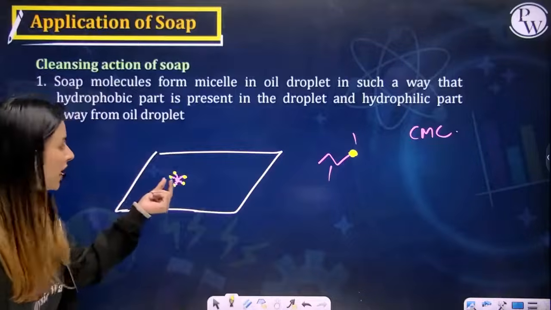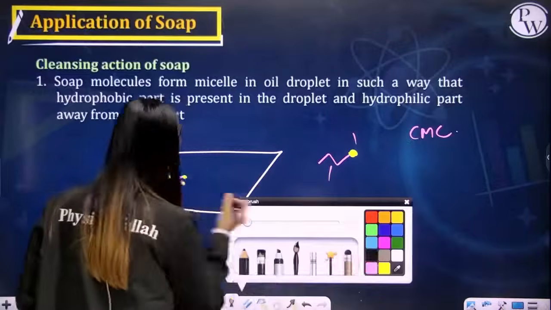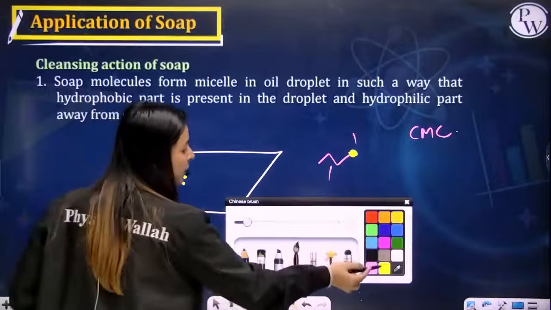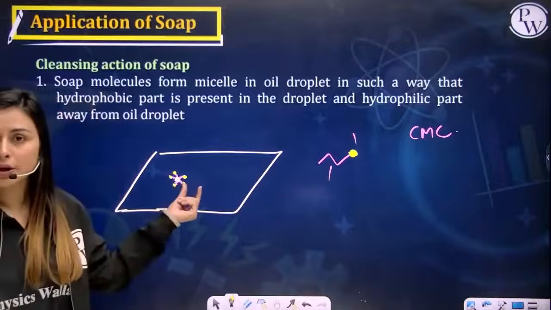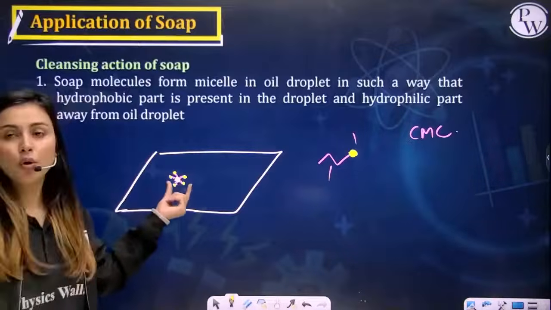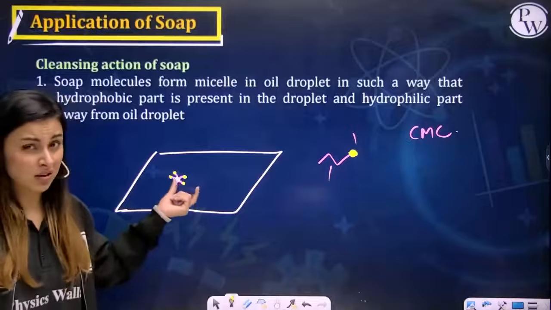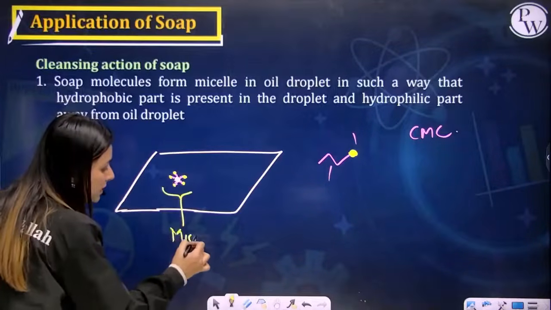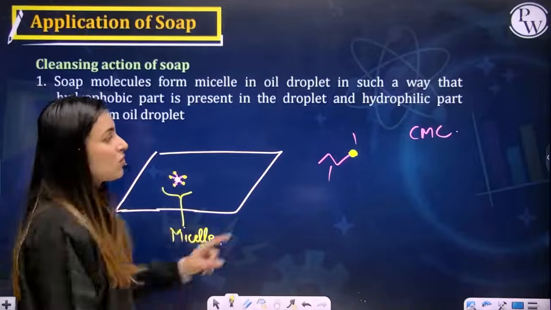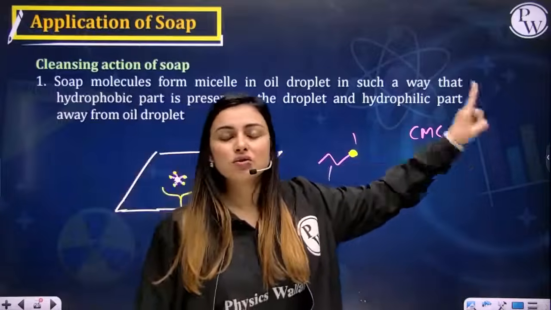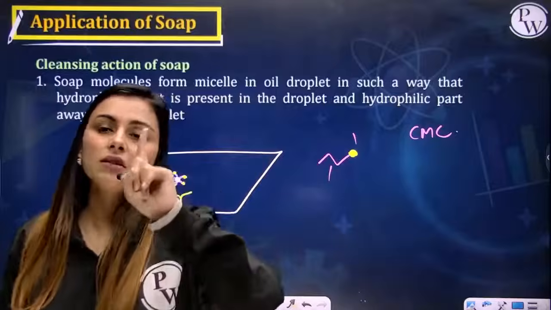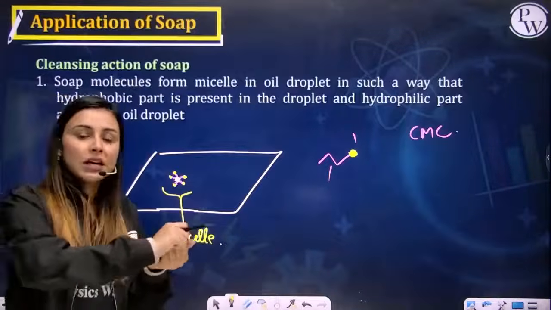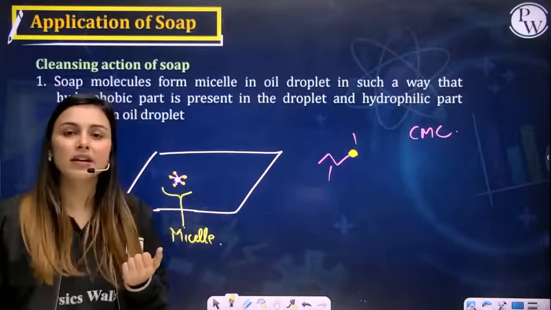So the hydrophobic part concentrates on the dust, and your hydrophilic part concentrates on the water, and this type of structure is formed, which is known as your micelle. This micelle is formed at one particular concentration, known as the critical micelle concentration. Then when such micelles are formed, you rub it, and these just take the dust away.